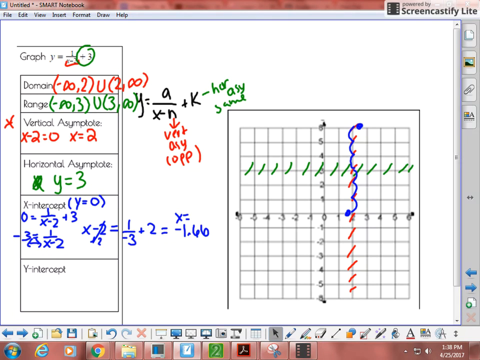That's my reflected point. Now for my y-intercept, that means that x equals 0. So I'm going to plug that into my equation. 0 minus 2 plus 3. So I get negative 1/2 plus 3, which is 2.5 as my y value. Okay, so if y is 2.5, that's right here. So what I'm doing here is I'm going 1, 2 over and down 1/2.